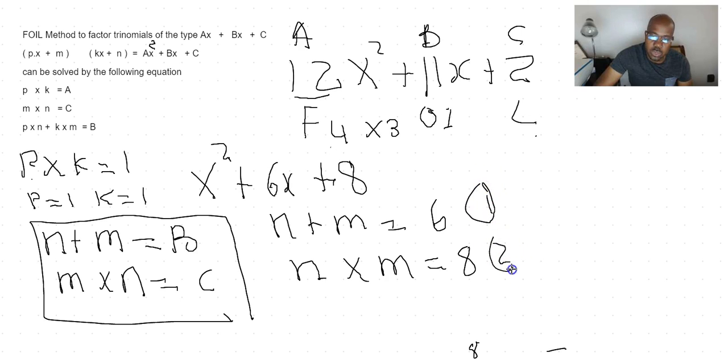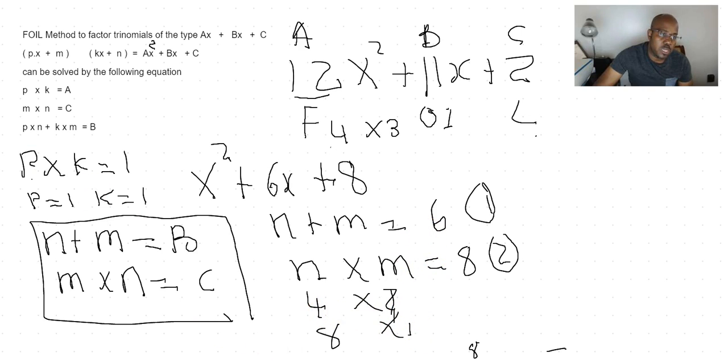So I only have 2 equations and 2 unknowns. It's easy to solve. You can use whatever method, but here it's easy to guess. It is 4 times 2 or 8 times 1. But I'm going to choose the one that solves this one. 8 plus 1 gives me 7. 4 plus 2 gives me 6.